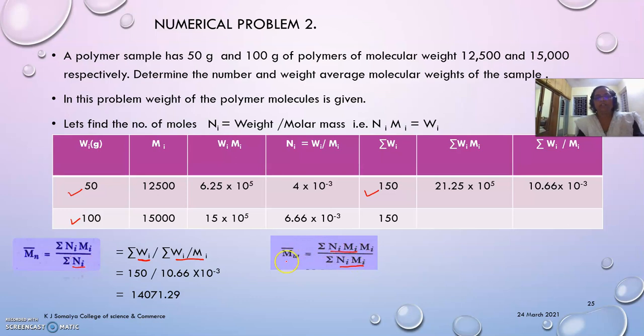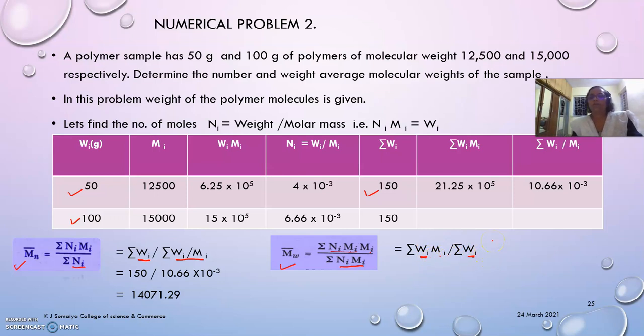Therefore this is known as weight average molecular weight, and this is known as number average molecular weight. Simplifying further, we substitute NiMi as Wi. So this is Wi into Mi upon summation NiMi, that is summation Wi. So now this formula is represented in terms of the weights of the polymer samples: summation Wi Mi upon summation Wi.